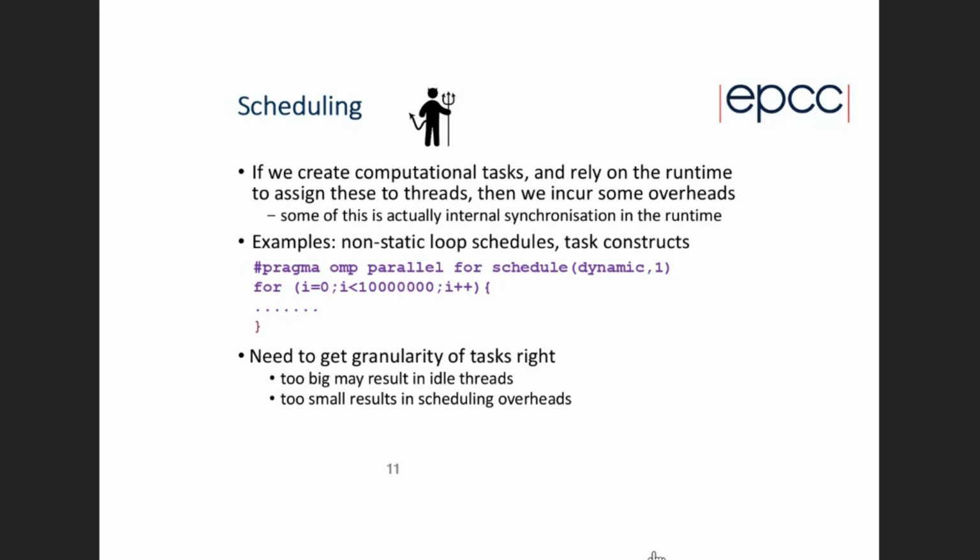The runtime takes some time to do that. Some of that may actually be synchronization costs, internal synchronization in the runtime. The examples where this happens are non-static loop schedules, so dynamic or guided loop schedules, and task constructs.